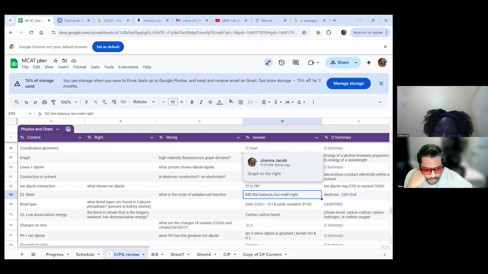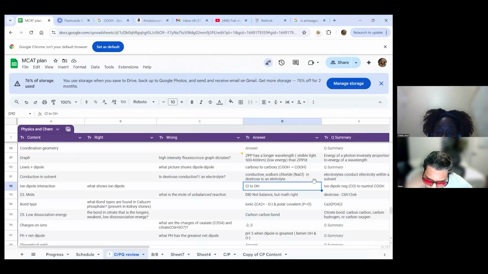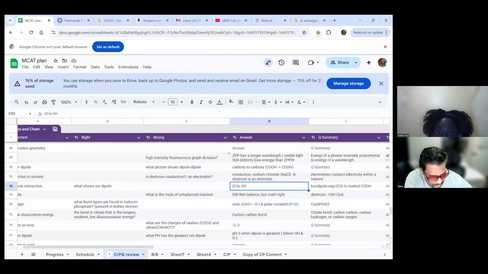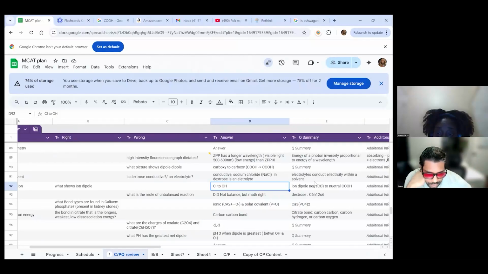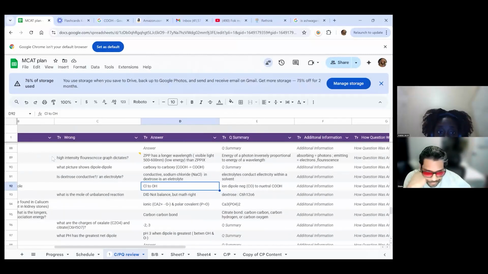Which question is this for? The one we just went over. I don't know where that graph is. You need to see that question again? The one that we just went over, the photons? Yes. Right here, I'm sorry.